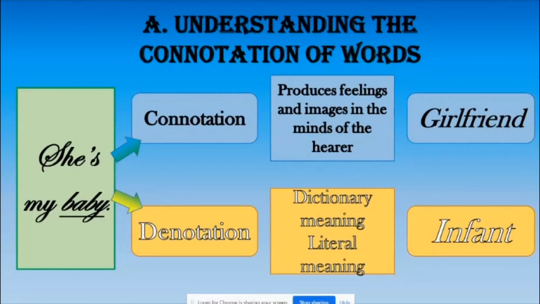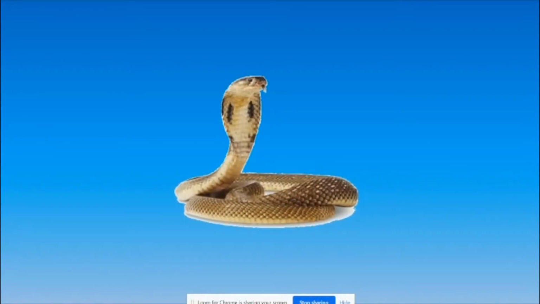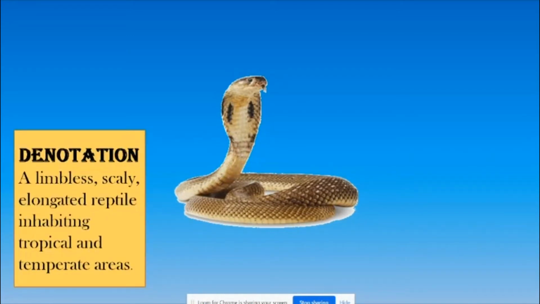Connotation is basically the figurative meaning, which is not really the exact meaning of the word, rather things that are connected to it. Let's take a look at another example of the denotation and connotation of certain things. First, we have the snake. Its denotation is that it's a limbless, scaly, elongated reptile inhabiting tropical and temperate areas.